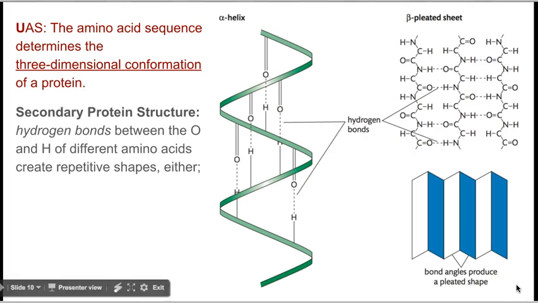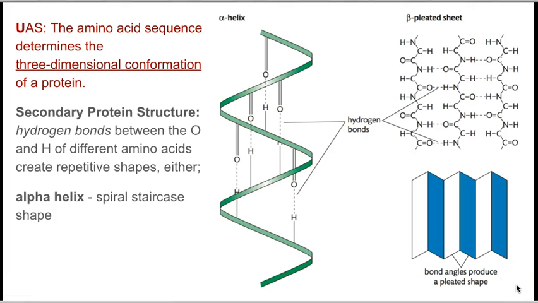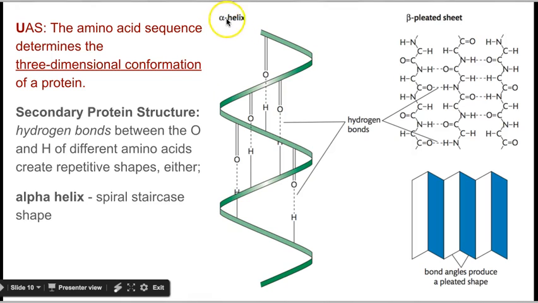And we have two general shapes you need to know. The first is the alpha helix, which creates a spiral staircase shape. So we can see here the alpha helix, this spiral helical shape, and we can see the hydrogen bonds forming between the O and the H of different amino acids, creating this shape.